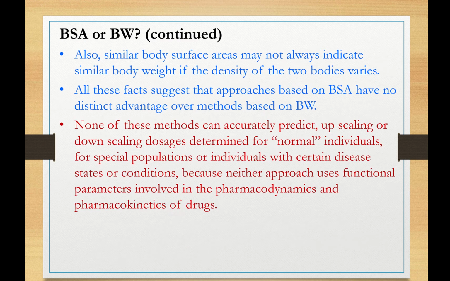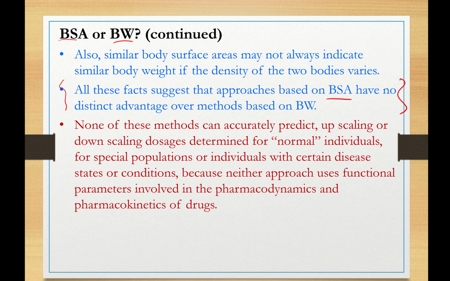So neither method, BSA or body weight, can be accurate in special populations or special conditions or disease states. Body surface area has no distinct advantage over methods based on body weight.